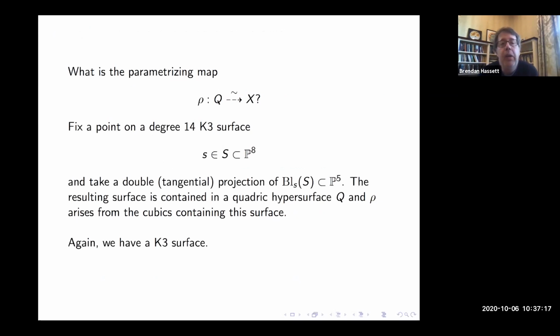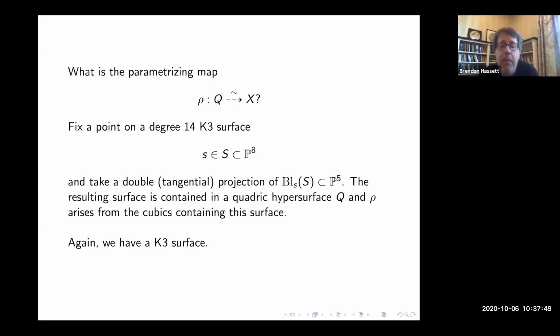So the parametrizing map, the reverse map from Q back to the cubic fourfold, where Q is the quadric hypersurface, is obtained as follows. If you take a degree 14 K3 surface embedded in P8, so this is a linear section of the Grassmannian of two-dimensional subspaces in a six-dimensional vector space, you have fairly explicit equations for these K3 surfaces. And you take a double projection from a point.